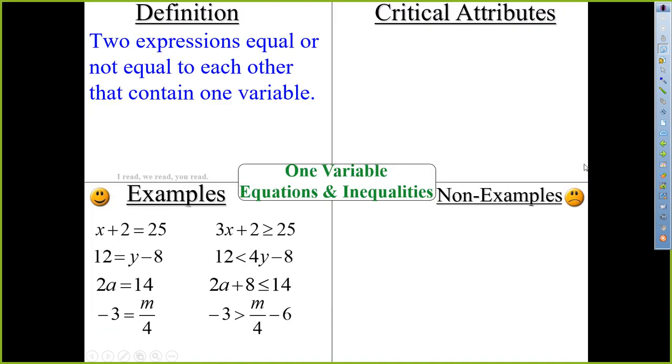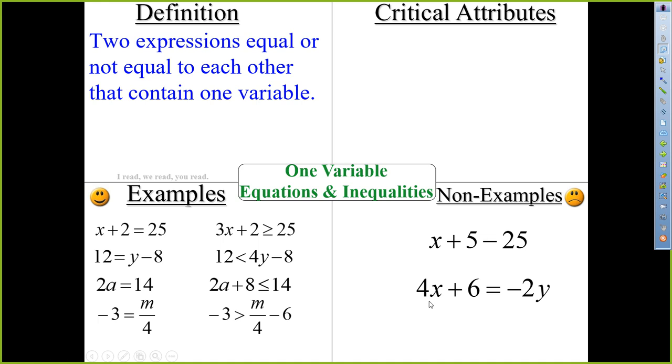Copy those. As you're copying those two down, think about it. Why are those not one variable equations and inequalities? And I'll call on someone. x plus 5 minus 25, that's one non-example, and the other one is 4x plus 6 equals negative 2y. Alright, let's see.